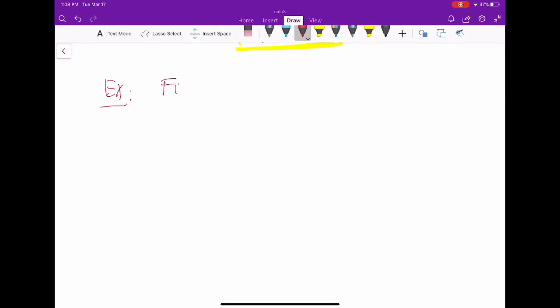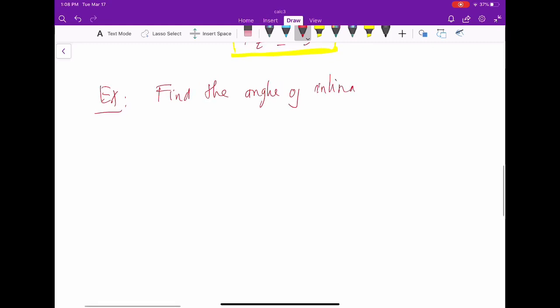They ask us to find the angle of inclination of the tangent plane to the ellipsoid.